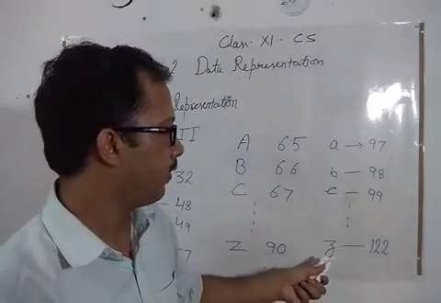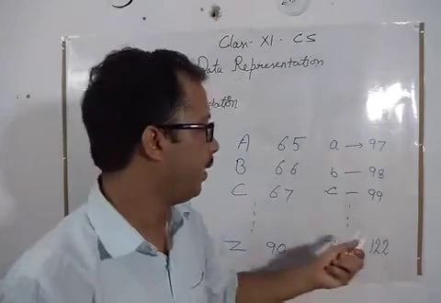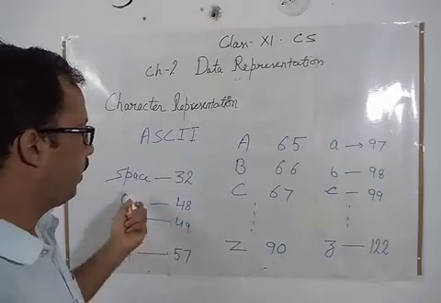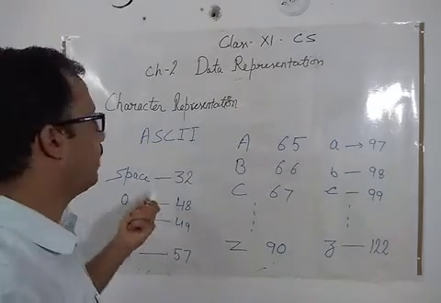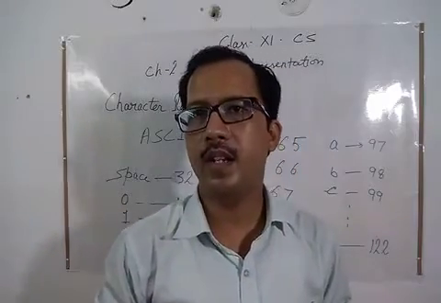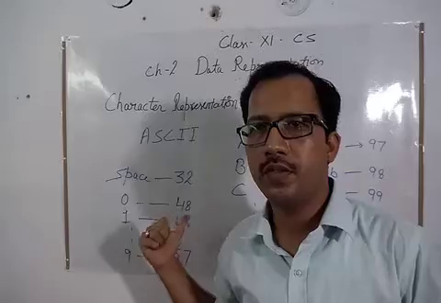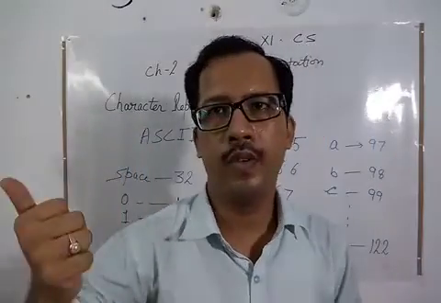So I have given codes for capital alphabets, small alphabets, numerical values 0 to 9, and for space. Now we will have some examples or questions on the basis of these ASCII values.